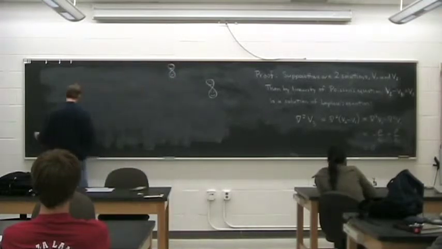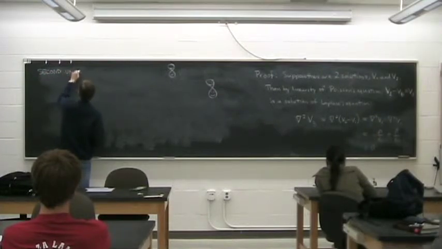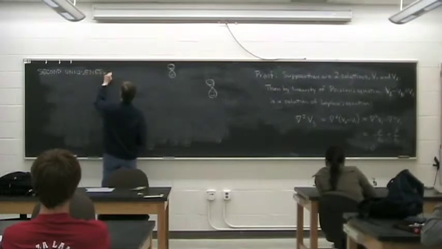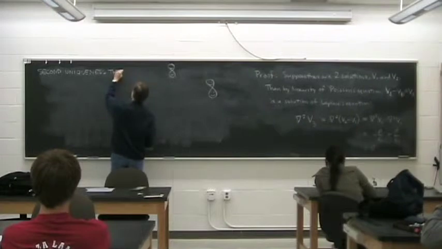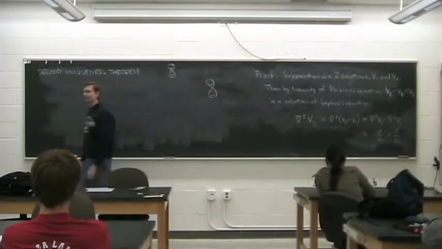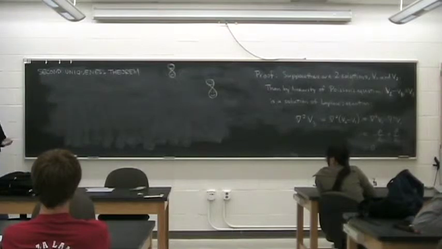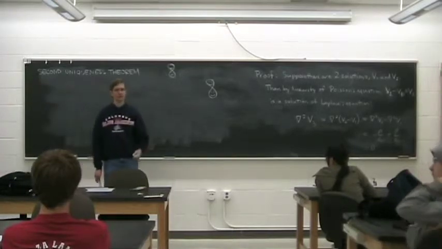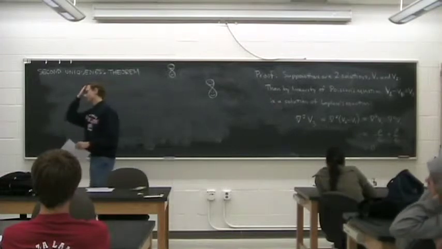Okay, so, having proved our first uniqueness theorem, but wait, there's more. Equally useful is the fact that if I have a bunch of conductors, the only thing I need to know is how much charge is on each conductor.